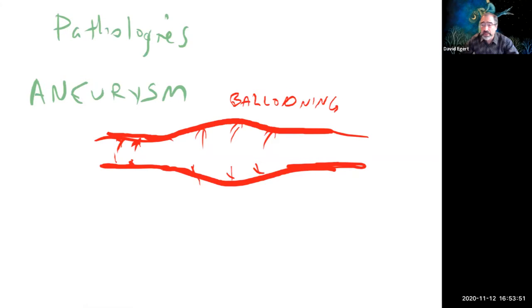Minimally, it can be bad because it's putting pressure on surrounding structures, because it's pushing out against things. When does this get really bad? When it ruptures. A burst aneurysm can be instantly fatal.